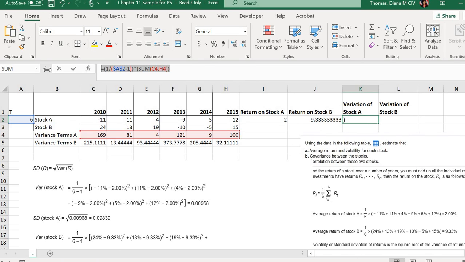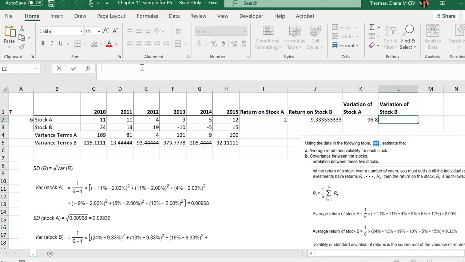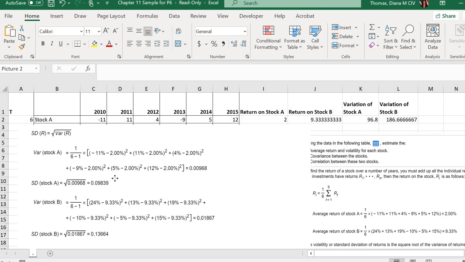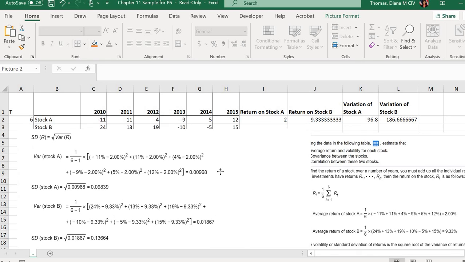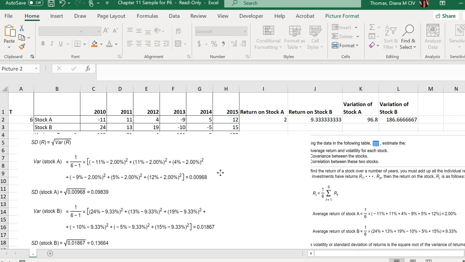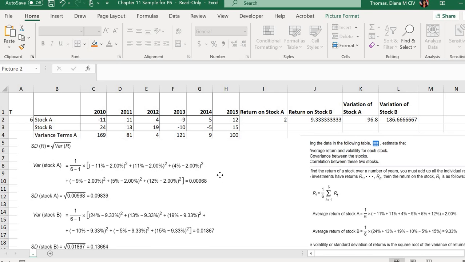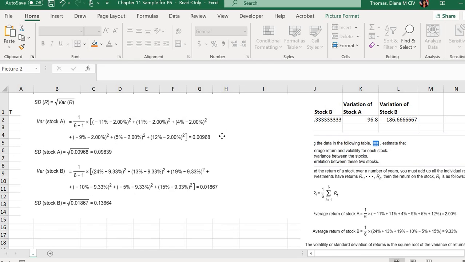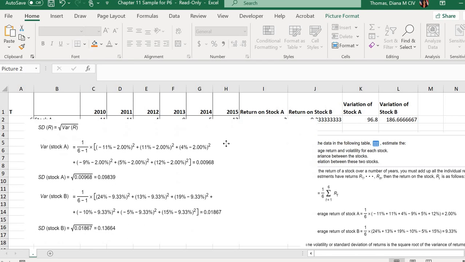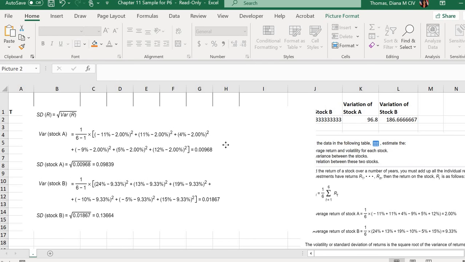Actually, I can't. I have to copy and paste. So I have to pull it here, and then it'll be C5 to H5. And I'm sure I'm going to be off again, yeah, so I'm off by 100. Not sure why. That's something to do with percent, so I'm not going to belabor that.